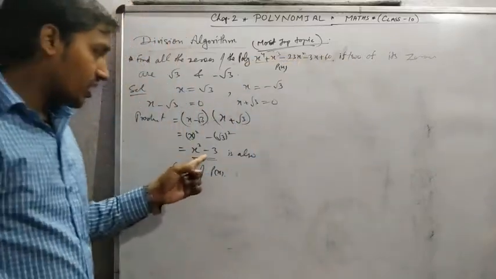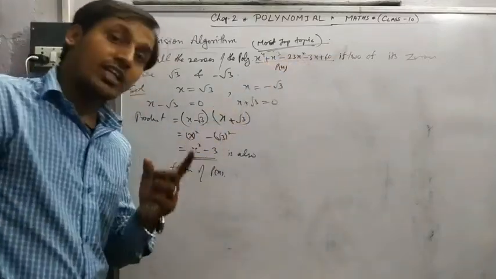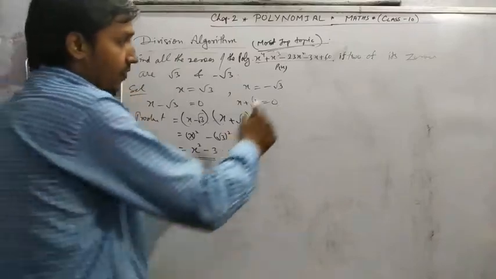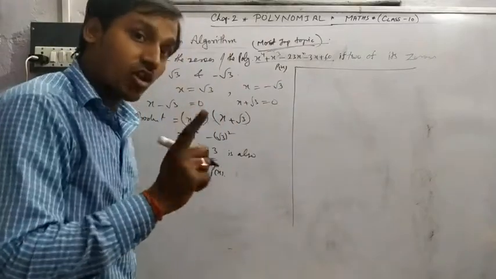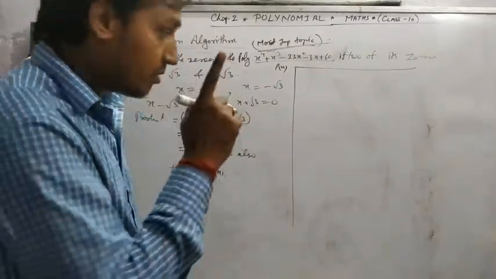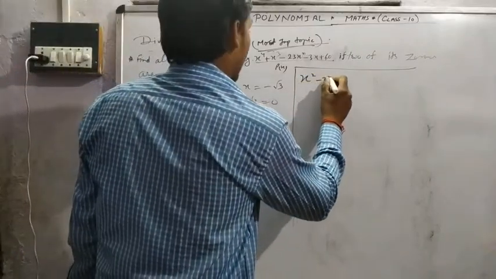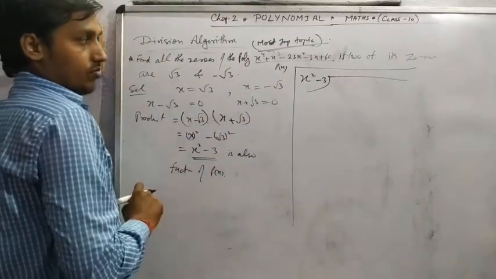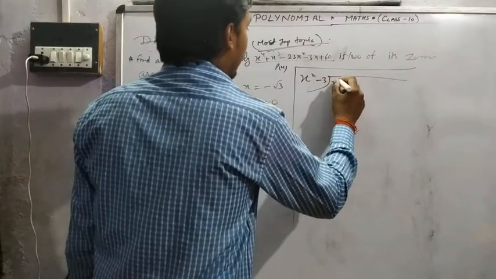If this is a factor, then when p of x is divided by this, it gives remainder 0. If it does not give remainder 0, that means the question is wrong, or your solving is wrong and there is a mistake. x square minus 3, because it is given that it is a factor.